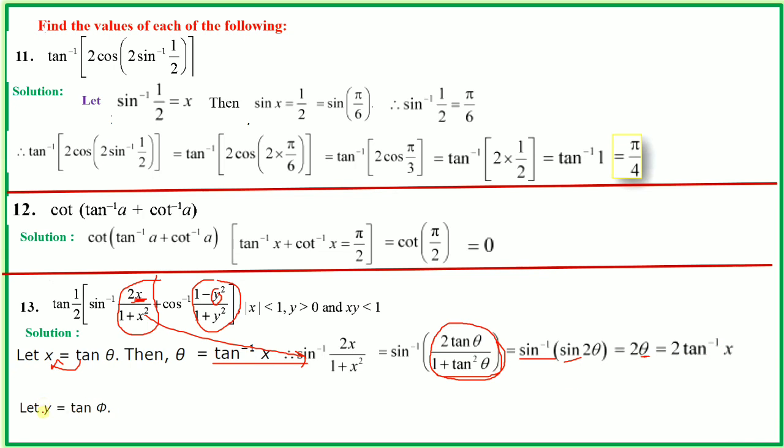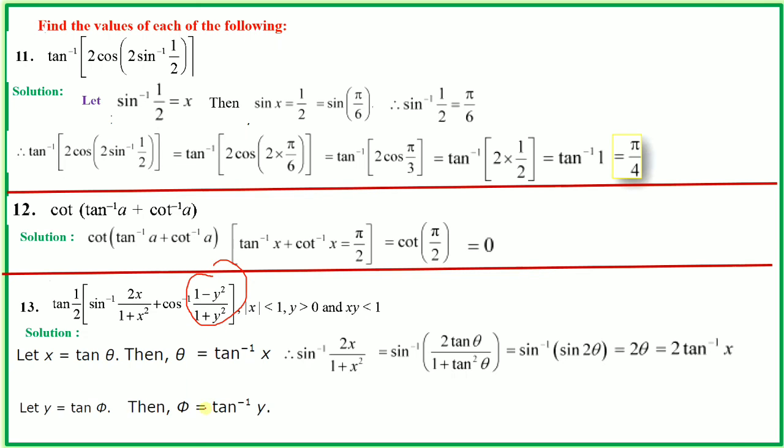Similarly, let us suppose y is equal to tan phi, then phi is equal to tan inverse y, taking tan inverse both sides. So phi is equal to tan inverse y.